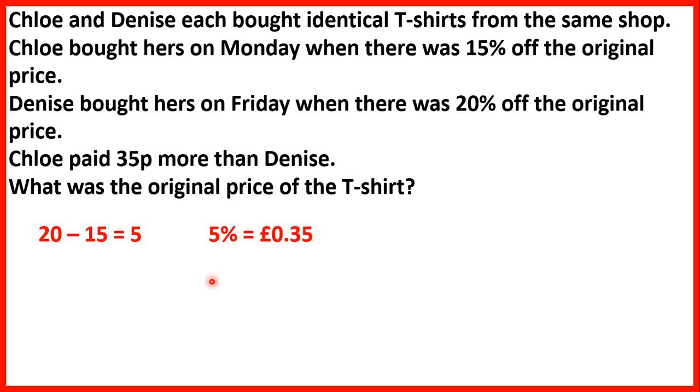Well, the original price will be 100% of the price. So we need to think 5% times what is 100%. Well, 5 times 20 is 100. So if we multiply 35 pence by 20, that will give us £7. So the original price of the t-shirt is £7.